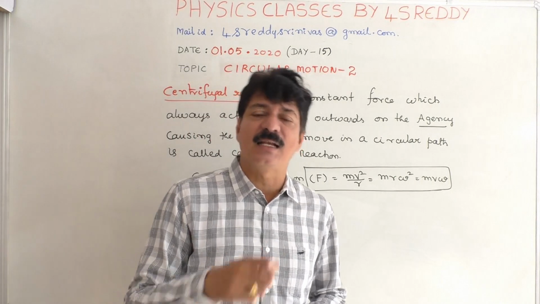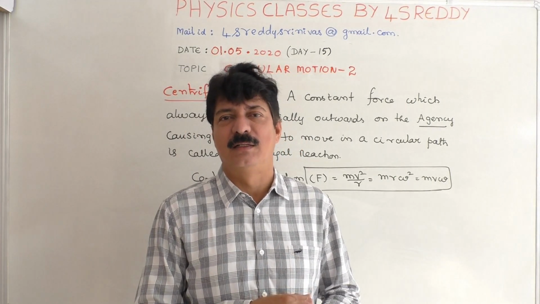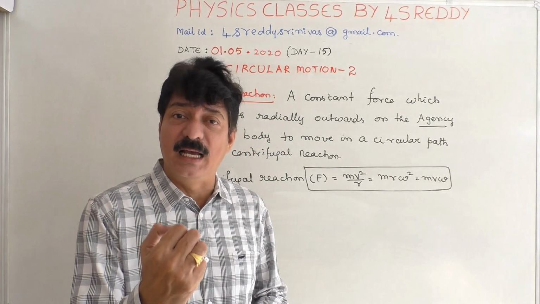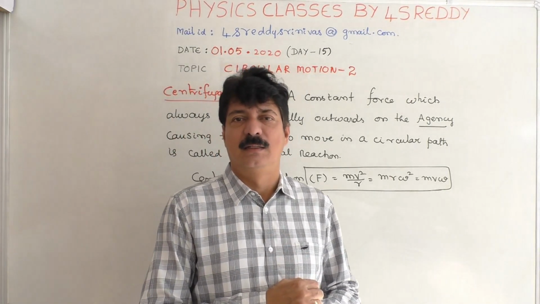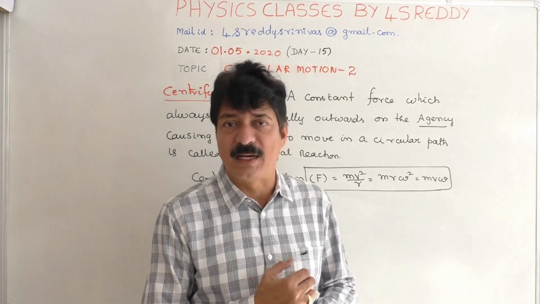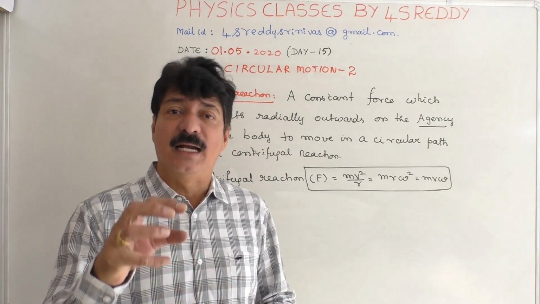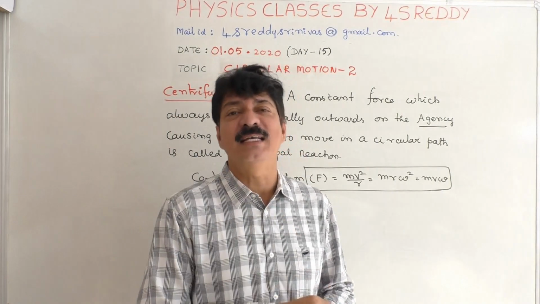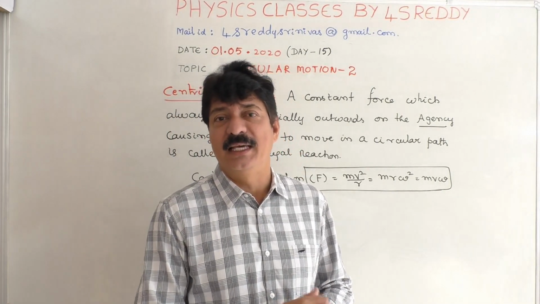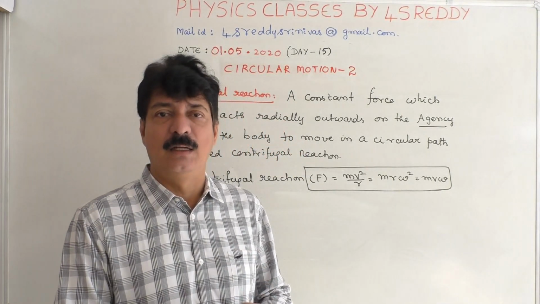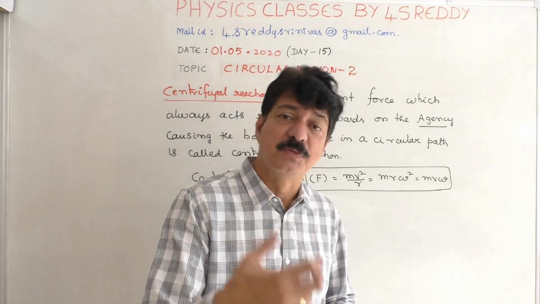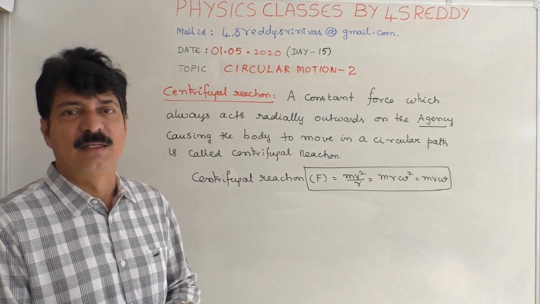Similarly, when a satellite revolves around the Earth, the force exerted by the Earth is the action, which is centripetal force, and the Earth causes the satellite to move in a circular path. So here Earth is the agent, or nucleus is the agent, which makes the electron or satellite move in a circular path.